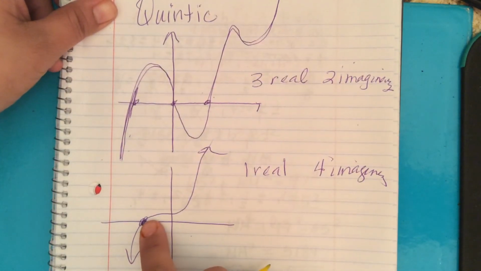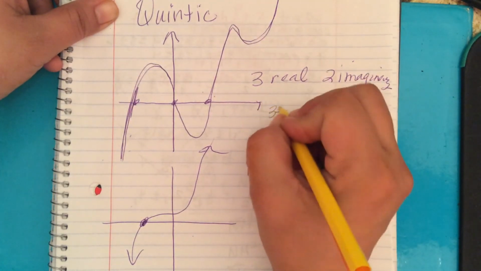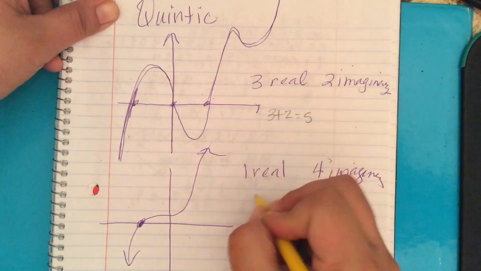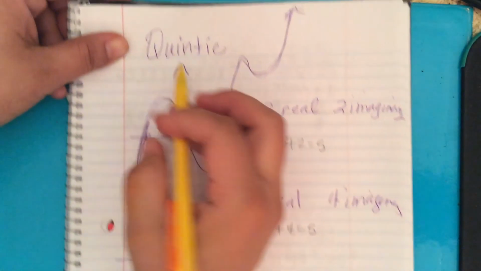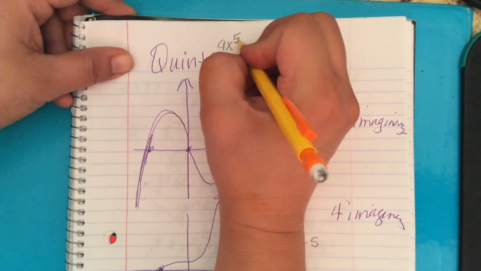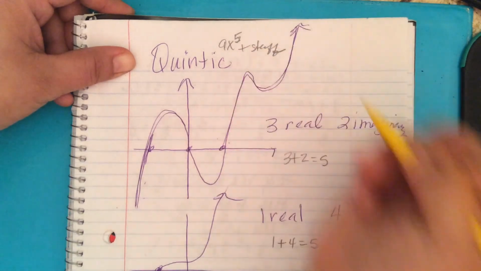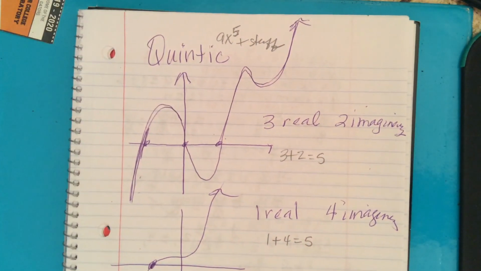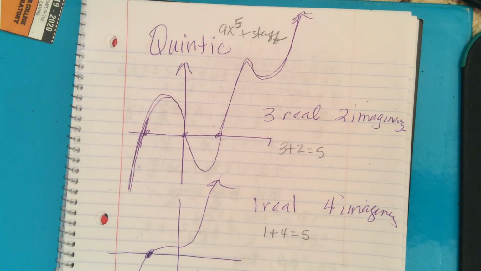Or you can have 1 real and 4 imaginary. Notice that 3 plus 2 is 5, or 1 plus 4 is 5, because it's a quintic, ax to the 5th power plus stuff over here. Okay, so this is just a brief introduction.